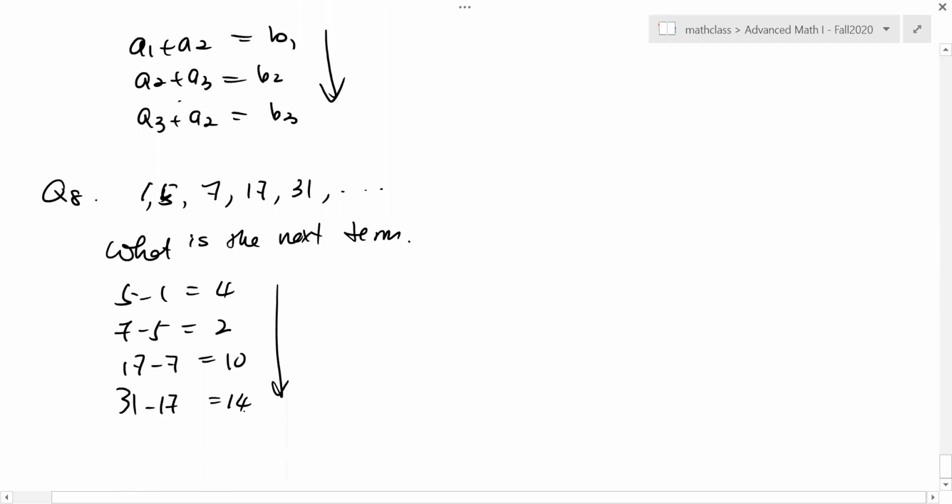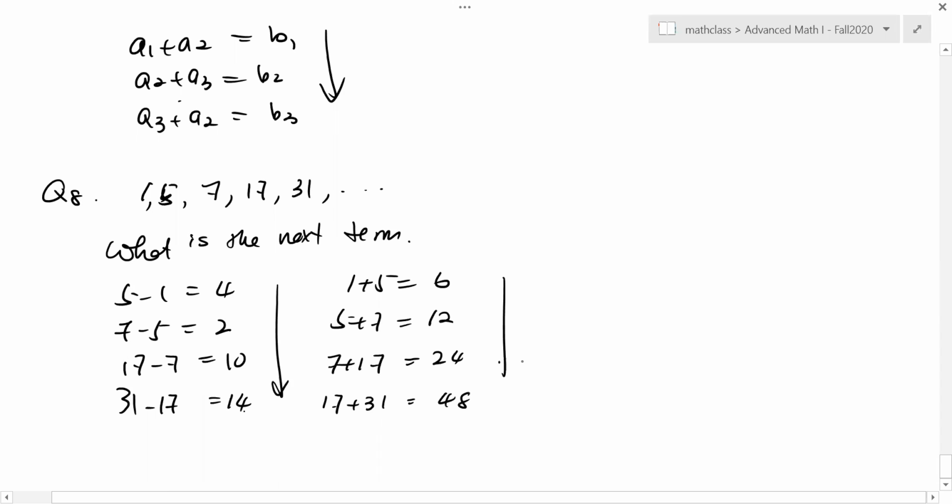All right, so let's try adding them together. If you add them together, you probably see some pattern. And this sequence, yes, has a good pattern here.